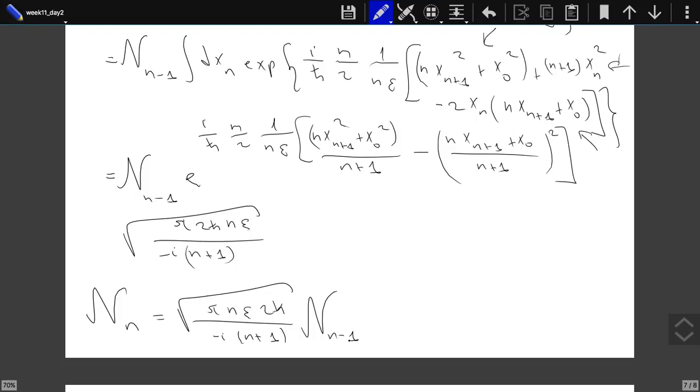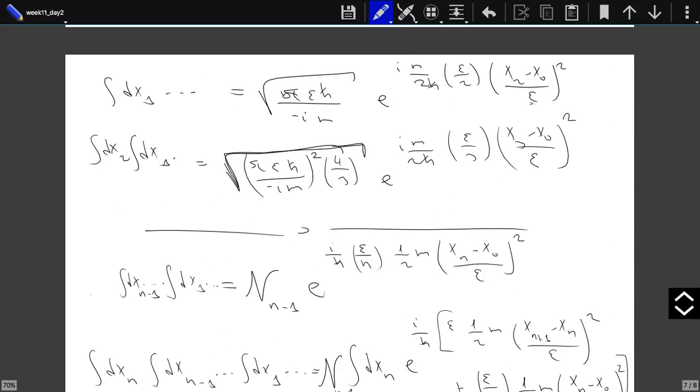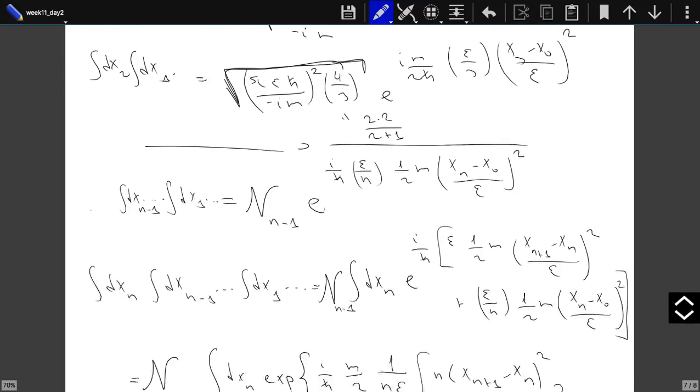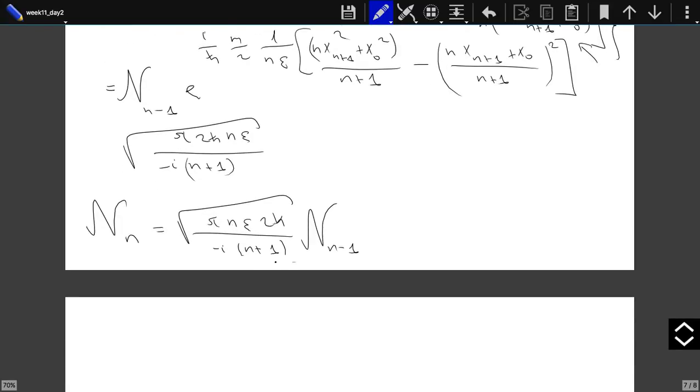So now we understand why we had that 4/3. You see, after the second integral we had this 4/3. This is nothing but 2 times 2 divided by 2 plus 1, 2n over n plus 1. So 4/3 now makes sense.